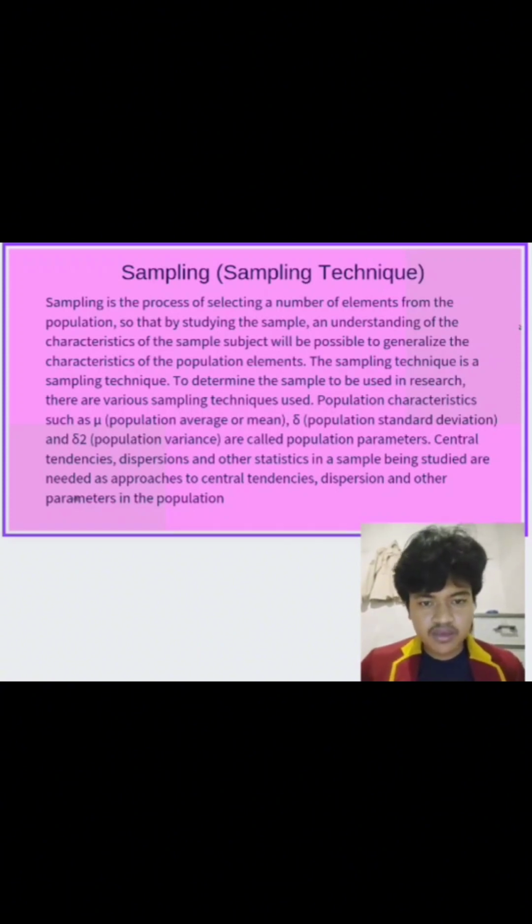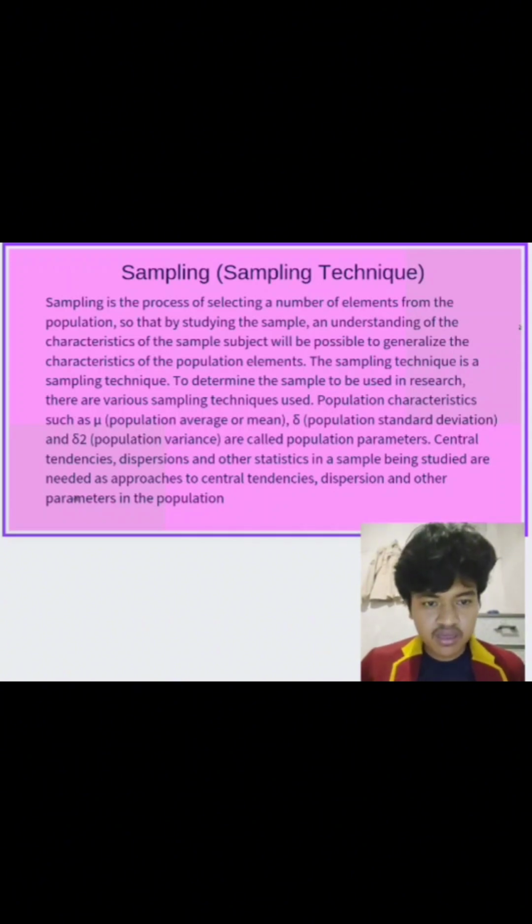Sampling technique. Sampling is the process of selecting a number of elements from the population, so that by studying the sample and understanding the characteristics of the sample, it will be possible to generalize the characteristics of the population elements.